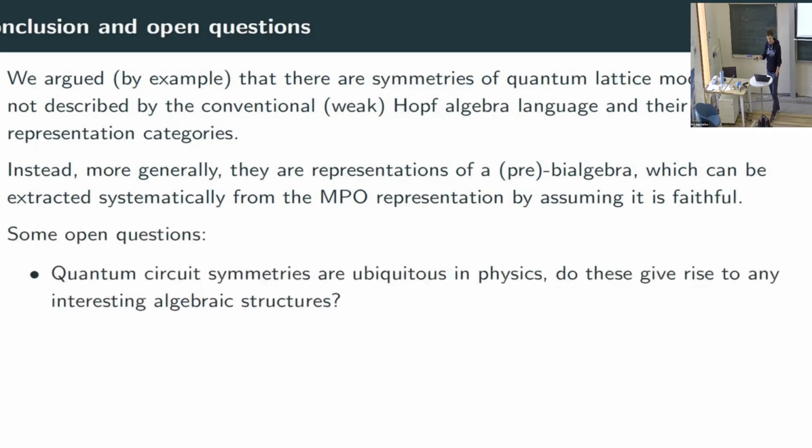So some open questions regarding this. These kinds of quantum circuit symmetries, namely the ones that I talked about, are really ubiquitous in physics. This is the language that people in high energy physics use when they talk about lattice models. These are the tools they use to construct these symmetries, which have some properties that they care about.